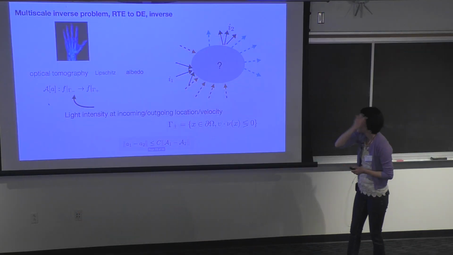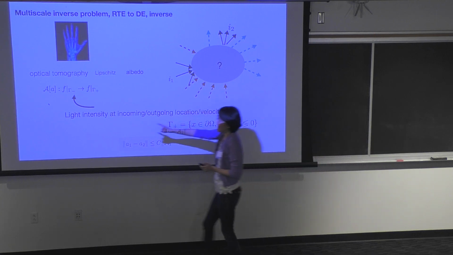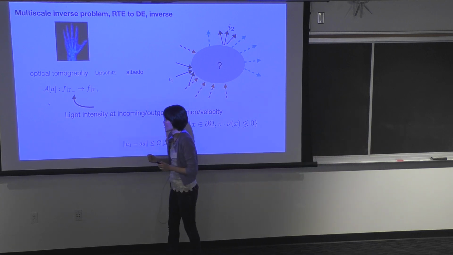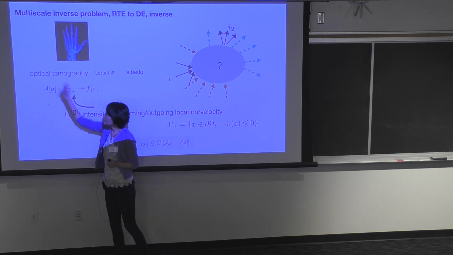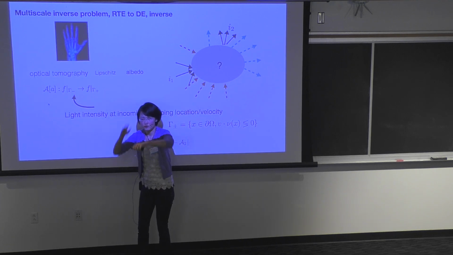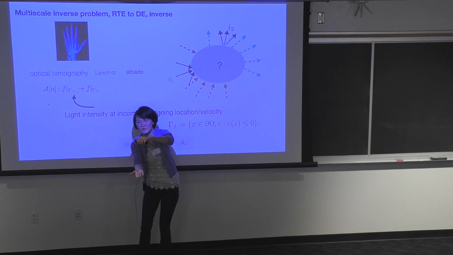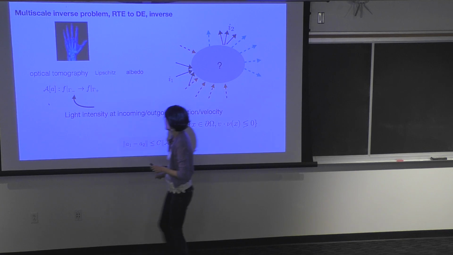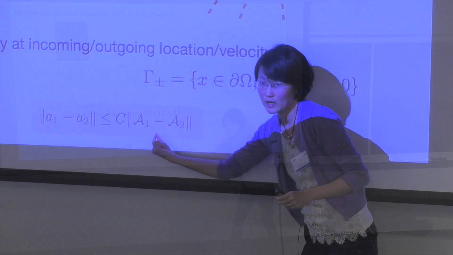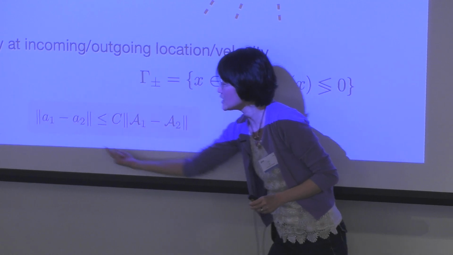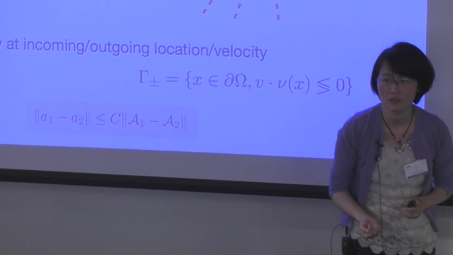Yeah, thank you. So suppose you use X-ray or a high-frequency wave, high-frequency light. The operator that we define is the so-called albedo operator. You shine the laser light in, and you detect the laser light out. So you use this information to reconstruct the picture. And we prove it's Lipschitz stable, in the sense that if you perturb this data by a little bit, the perturbation linearly affects your reconstruction.